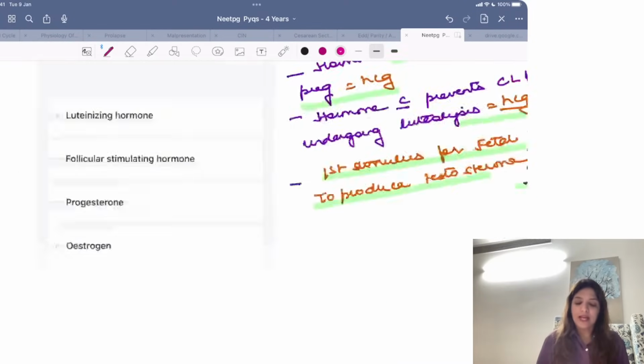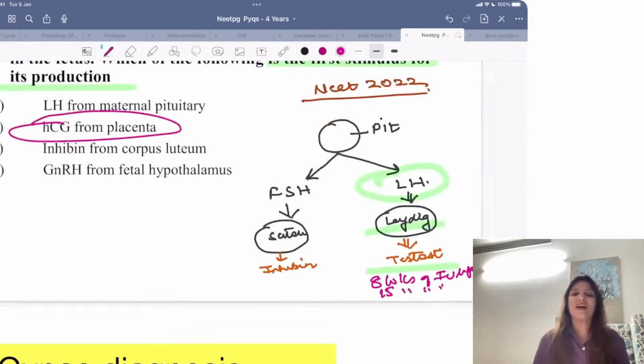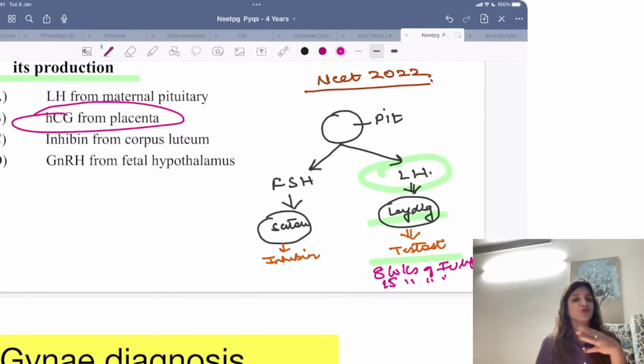Because LH is the hormone which maintains corpus luteum in non-pregnant females. HCG does the same function in pregnant females. LH is the one which acts on Leydig cells to produce testosterone in male testes. HCG is the first stimulus. Right?